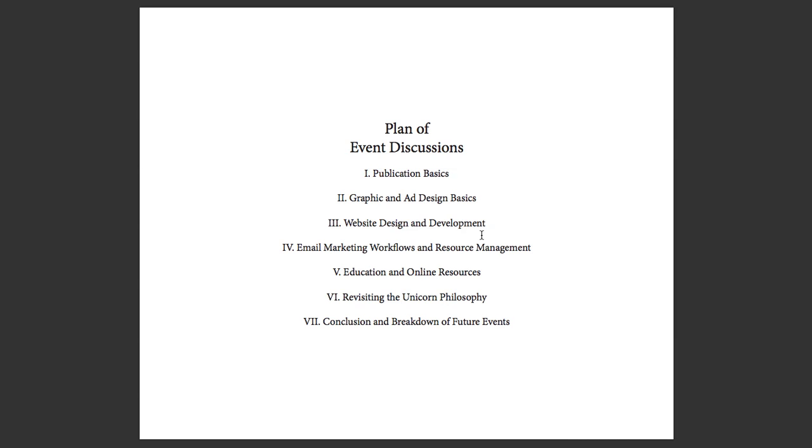And then email marketing workflows and resource management. Email marketing, the key thing with email marketing is to manage your marketing lists in a way that is organized and where there are no errors in how you handle marketing messages. So that goes into resource management.